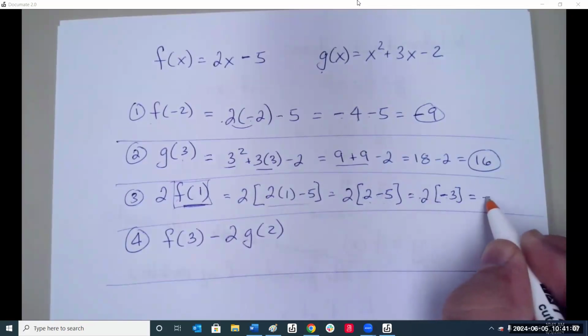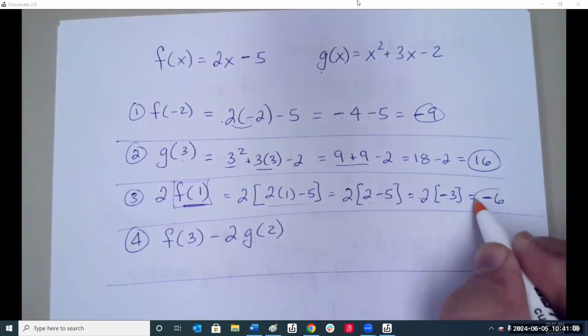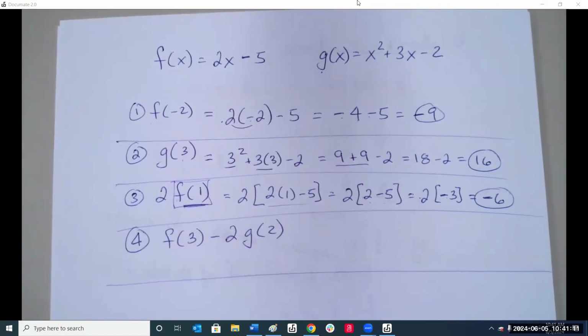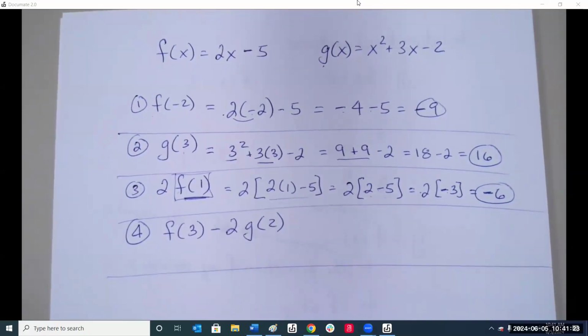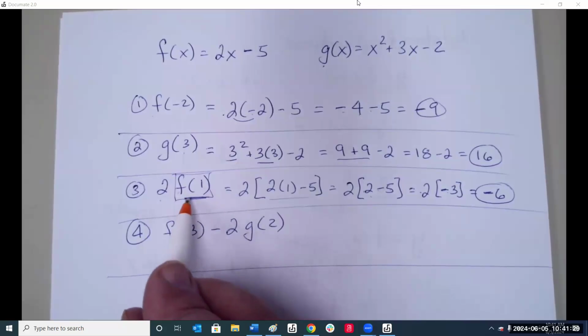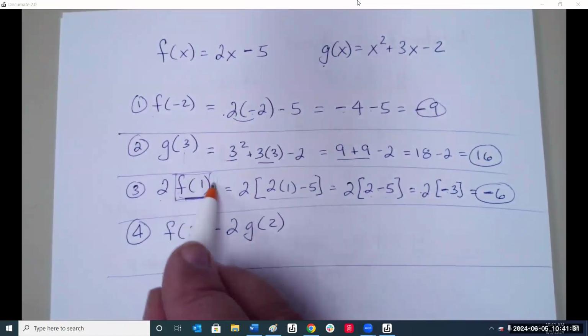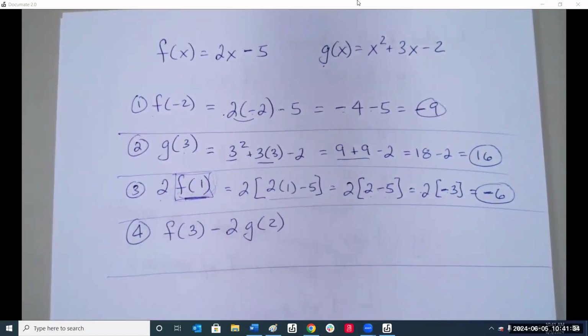Positive times negative is negative. 2 times 3 is 6. So far, so good. So if there's a coefficient, you first have to find that value and then multiply by 2.